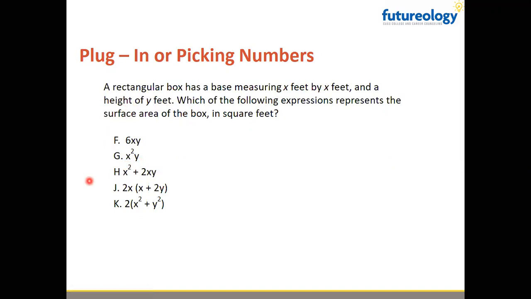I'll give you a couple minutes. Take a look. If you've been listening, then hopefully you're not going to use algebra and try to solve it algebraically in your head, but use my technique, which is going to come in handy to save you time. It takes me half the time to do it with plugging in than algebraically.